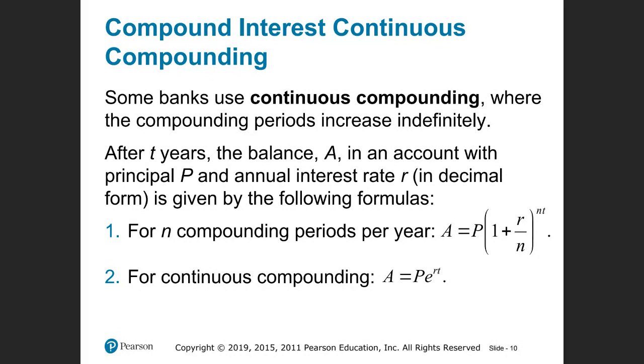For N compounding periods per year, we had the formula that we just used in the previous example. For continuous compounding, we have A is equal to P times E to the RT, or excuse me, NT. And the NT is the power just of the E.